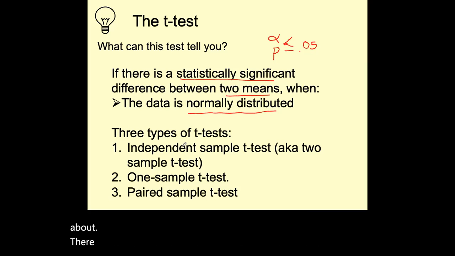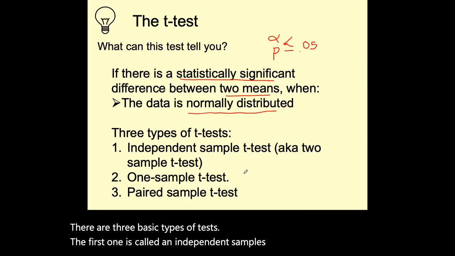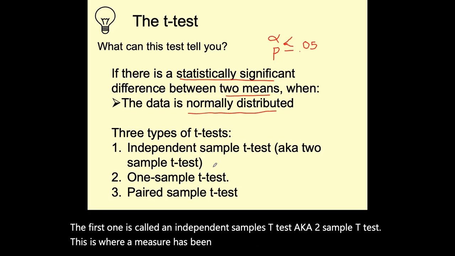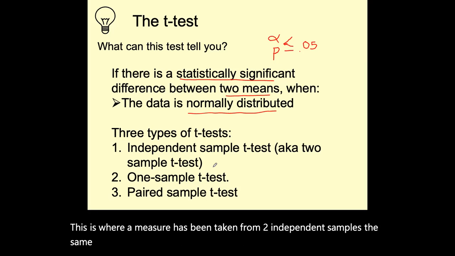There are three basic types of t-tests. The first one is called an independent samples t-test, aka two-sample t-test. This is where a measure has been taken from two independent samples, the same measure, and we want to know if they're statistically significantly different or not.